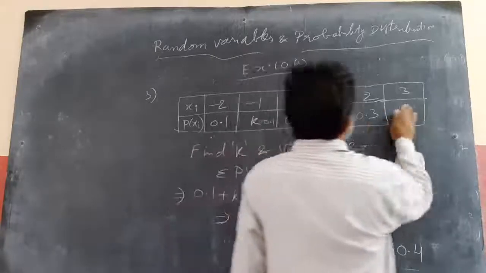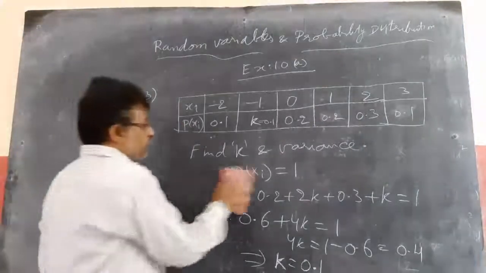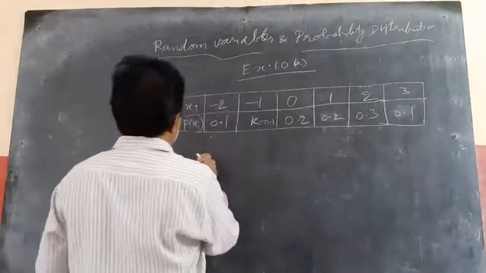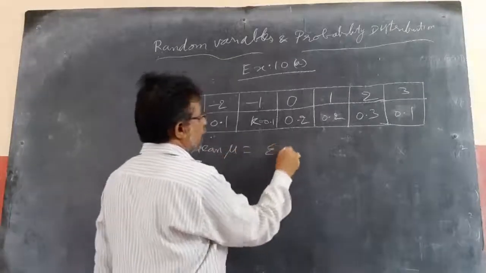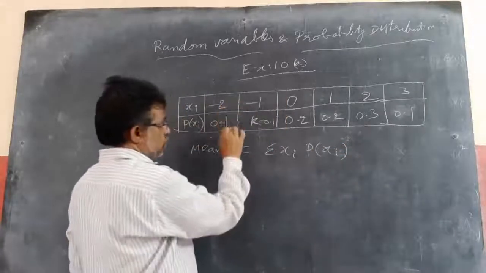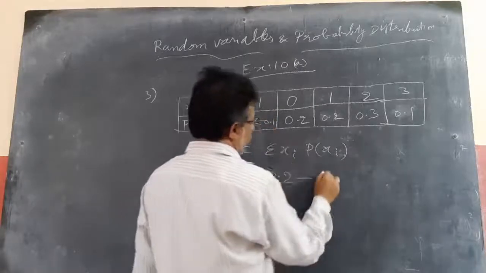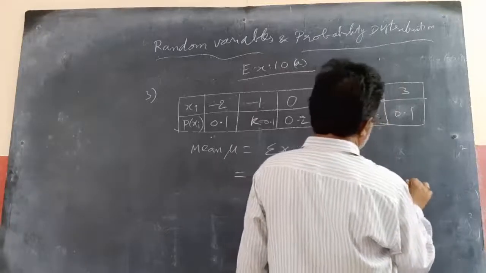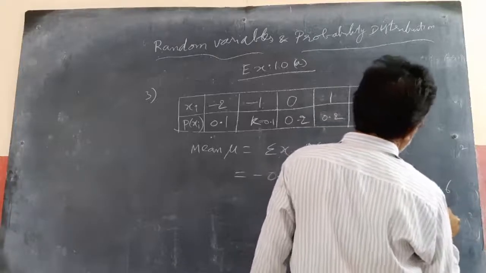Mean mu is sigma xi into P of xi: -2 into 0.2 is minus 0.4, minus 1 into 0.1 is minus 0.1, plus 0, plus 1 into 0.2 is 0.2, 2 into 0.3 is 0.6, 3 into 0.1 is 0.3.